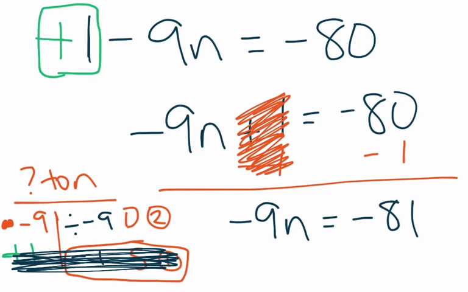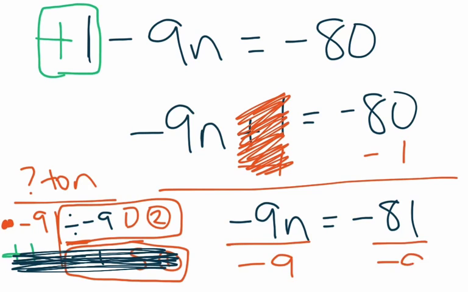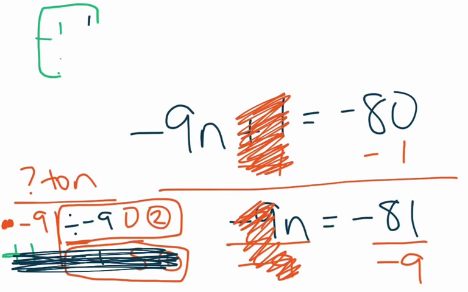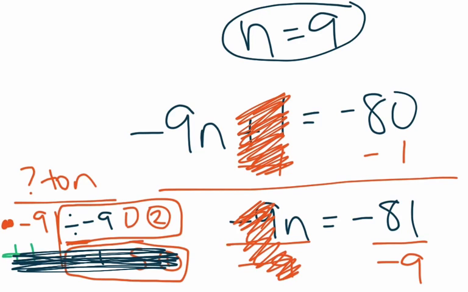The only thing left is the negative 9, and we've already decided to divide by negative 9 on both sides. If you do it to one side, you must do it to the other. And n equals negative 81 divided by negative 9, which is positive 9. So the answer is n equals 9.